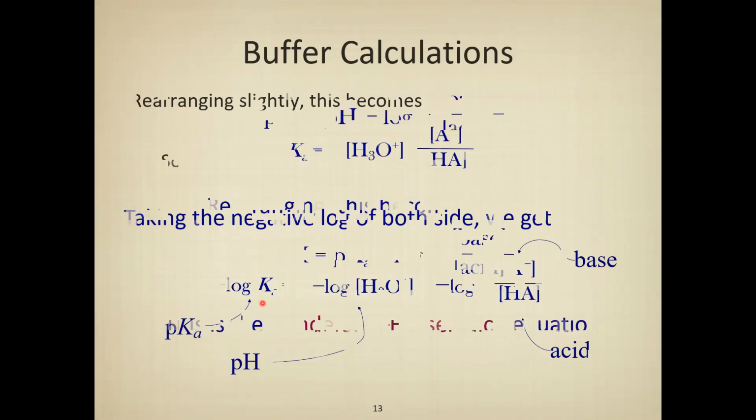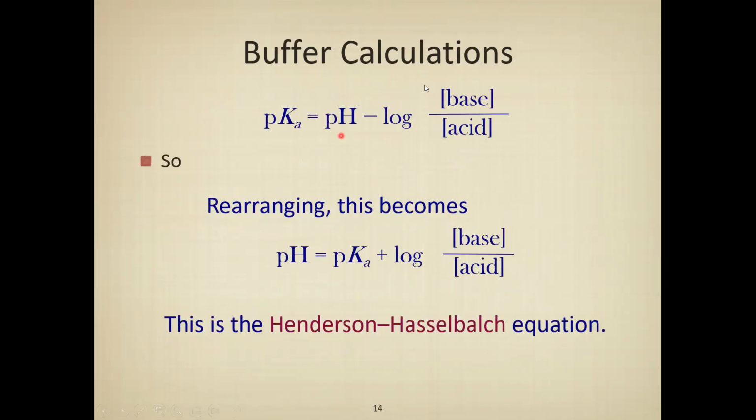And what we can then do is rearrange this, make it a little bit nicer. So we can see pKa is equal to the pH minus the log of the base over the acid. Again, we had A minus over HA, so that's why we have base over acid. And we can then further rearrange this into what's known as the Henderson-Hasselbalch equation.